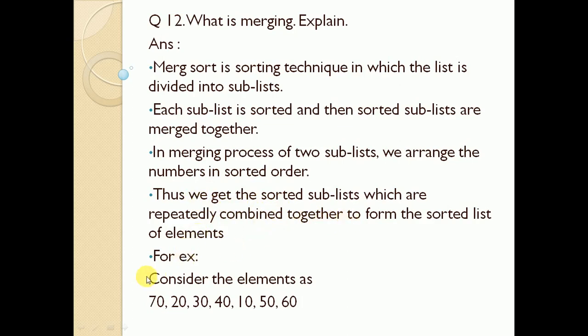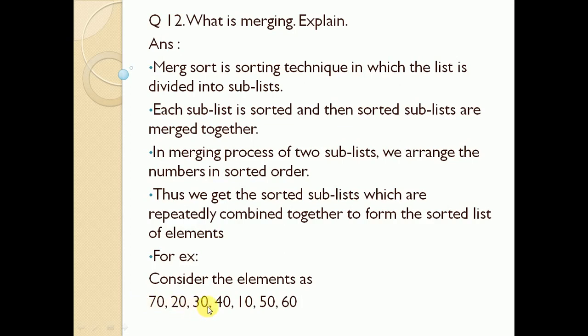So they have given one example here. Consider the example: 70, 20, 30, 40, 10, 50, 60. So this is a list. Now this list is divided into two halves. For example, 70, 20, 30 make one list, and 40, 10, 50, 60 make another list.